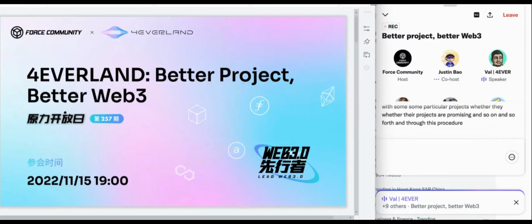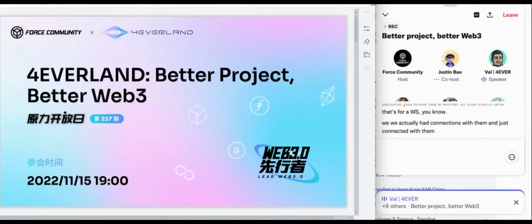And through this procedure, we choose one particular project which would become the winner of this month. As for AWS, we actually had connections with them, and we connected with them with this idea.